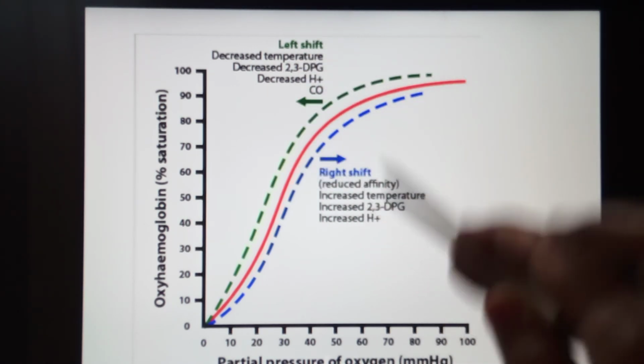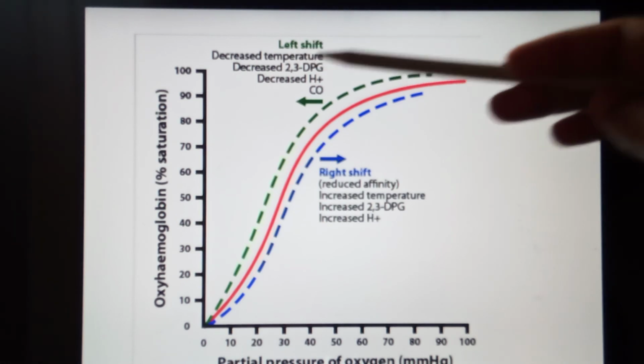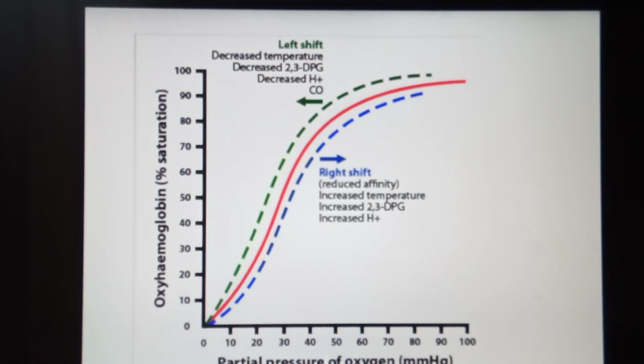It shifts to the right because in the tissue there is a higher level of carbon dioxide, increased H plus ion, increased temperature, and increased 2,3 DPG, which reduce the affinity for oxygen. In the lungs, the temperature, 2,3 DPG, H plus ion, and carbon dioxide decrease, so the graph shifts to the left.